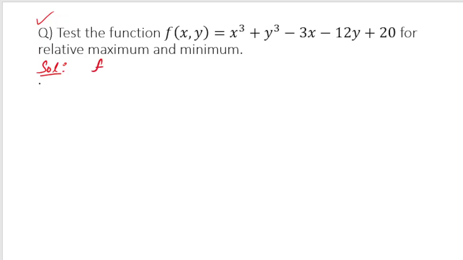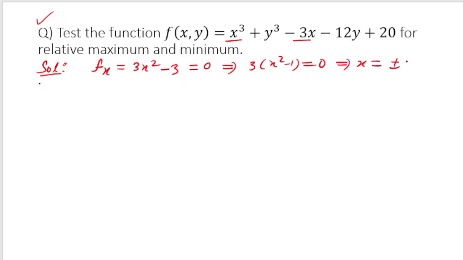So first I calculate f of x, which is: x cube will give you 3x square, y cube will give you 0, minus 3x will give you minus 3, right? And I have to put that equal to 0. So from this I get 3 into (x square minus 1) is equal to 0. So this will give me x is equal to plus minus 1.